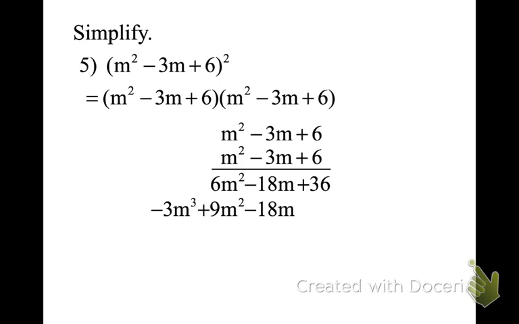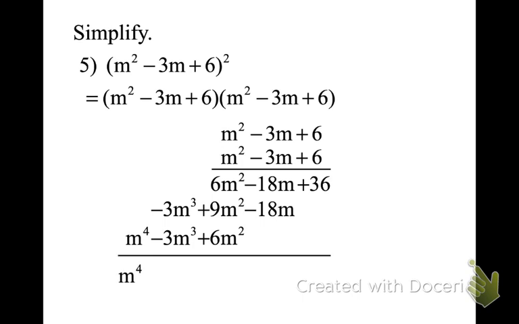And now I'm going to multiply the last term, the first term. M squared times 6 is 6m squared. M squared times negative 3m is negative 3m to the third. And m squared times m squared is m to the fourth. And then just bring them down. Same sign, we add.